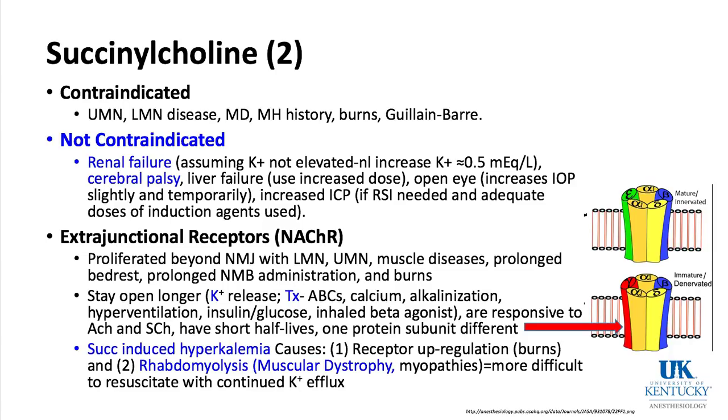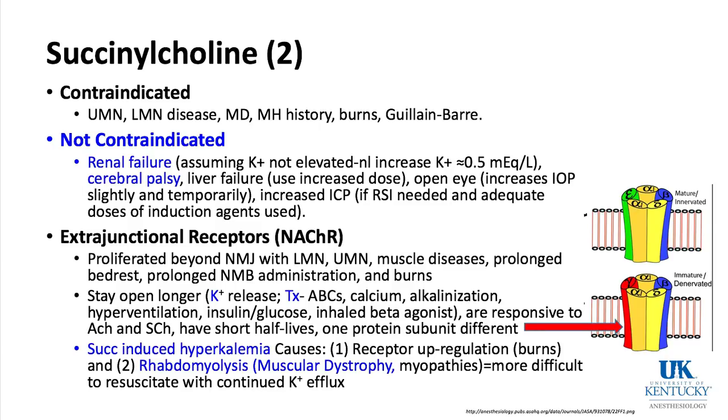Extrajunctional receptors, these things that grow places that they shouldn't, proliferate beyond the neuromuscular junction in patients with nerve injuries that are either upper motor neuron or lower motor neuron, strokes, for example, or injuries to the brachial plexus. Also muscle diseases like muscular dystrophy, laying around in bed for a long time, burns.